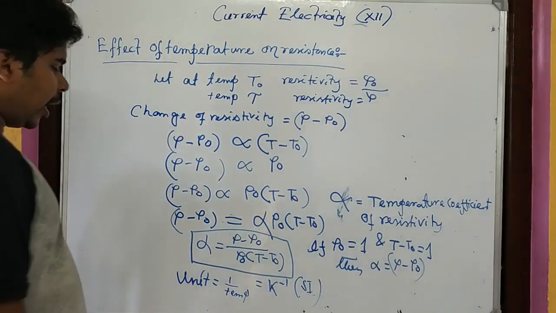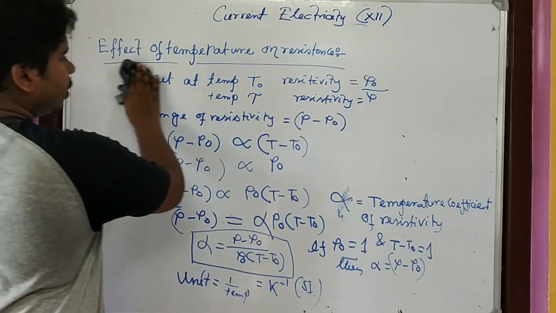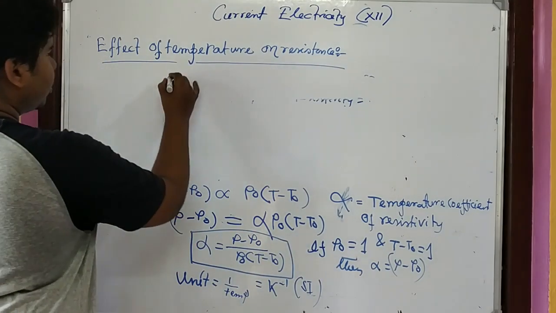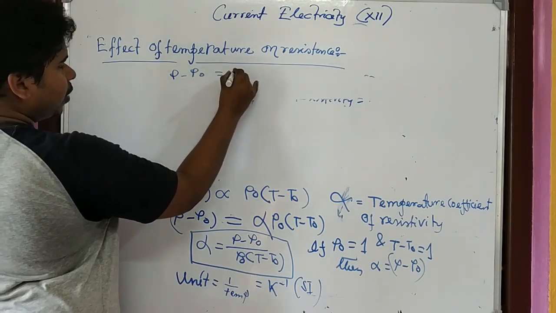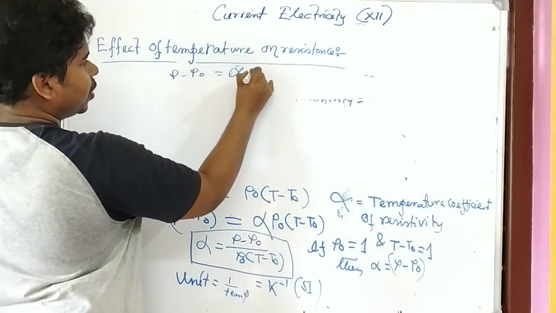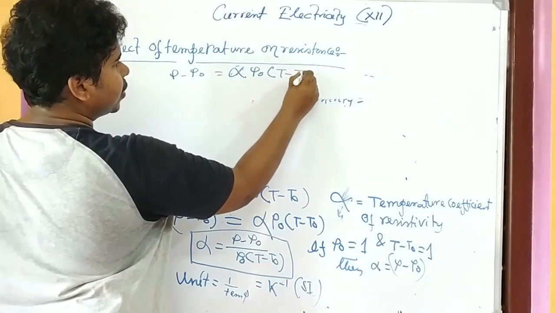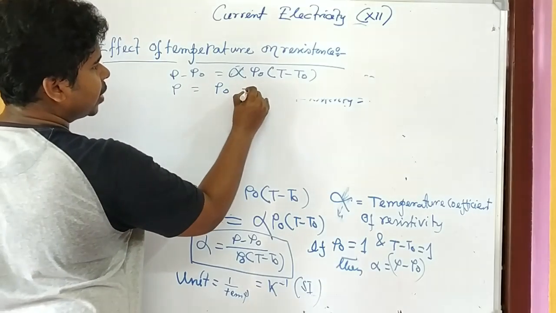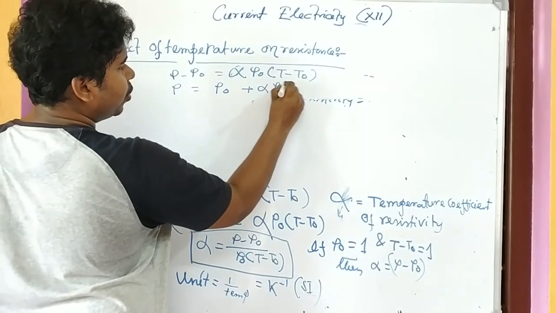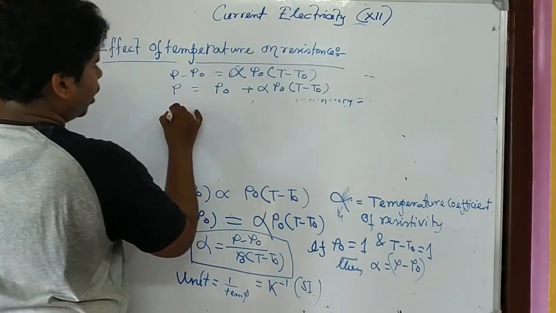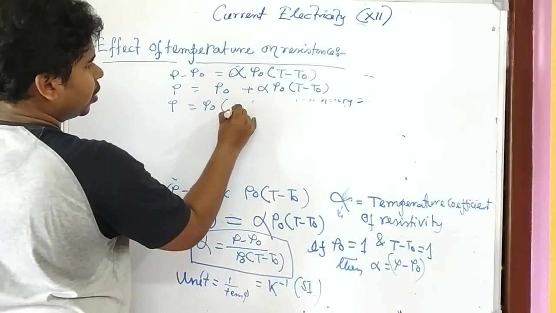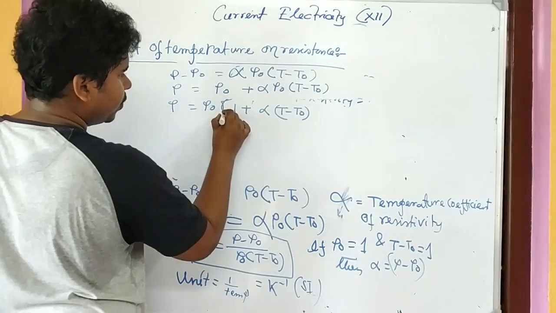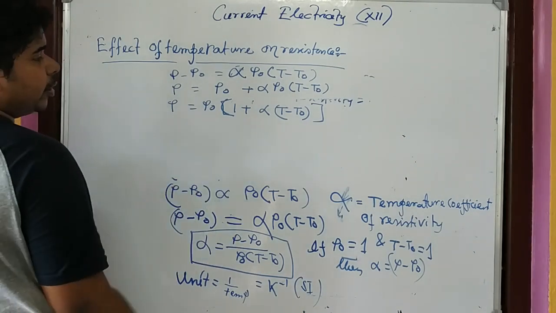If I write it in this form, rho minus rho 0 equals alpha rho 0 into T minus T0. Taking rho 0 common, rho equals rho 0 plus alpha rho 0 into T minus T0, so rho equals rho 0 into 1 plus alpha into T minus T0.